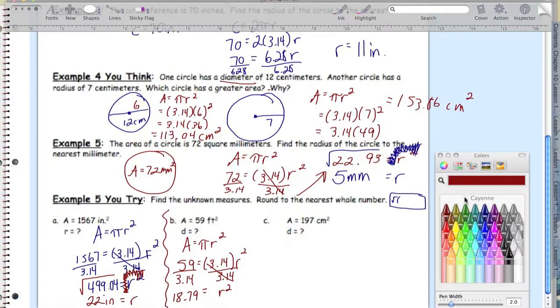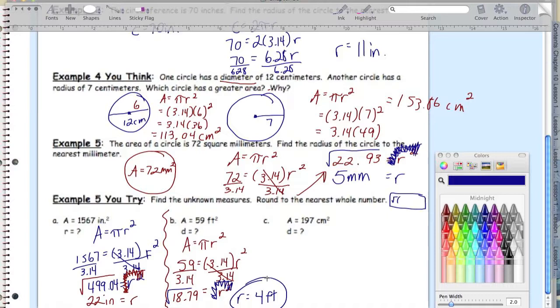And now we can just do our square root. I'm going to take the square root of both sides. That cancels this side out. The square root of 18.79 is going to be 4.33, but they want it to the nearest whole number. So my radius on this problem is r equals 4. And we're talking about feet.